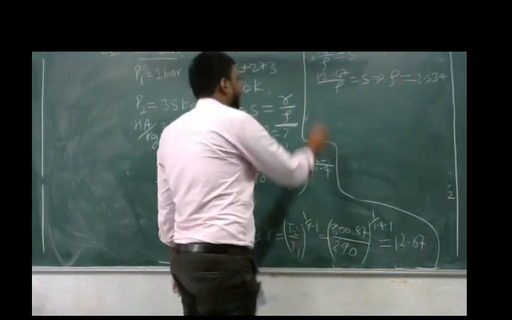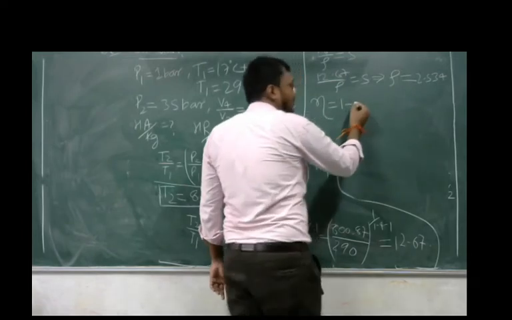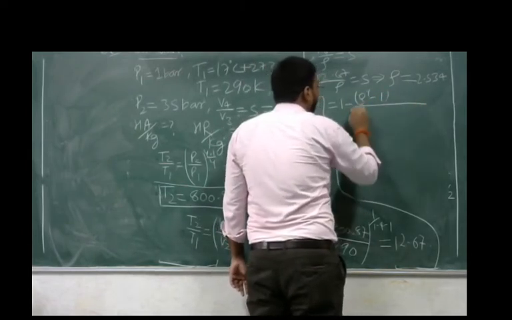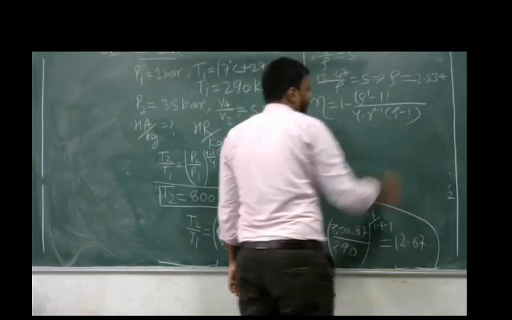Now we know the value of compression ratio r and cutoff ratio rho, so we can easily calculate the efficiency eta. Eta equals 1 minus rho to the power gamma minus 1, divided by gamma into r to the power gamma minus 1 within bracket rho minus 1. This is the formula.